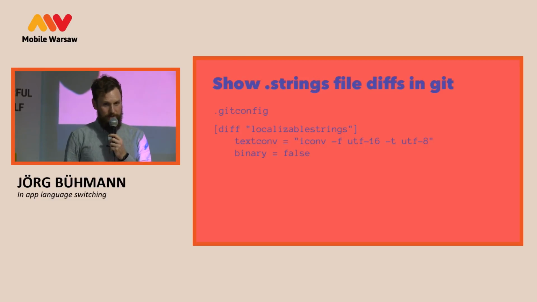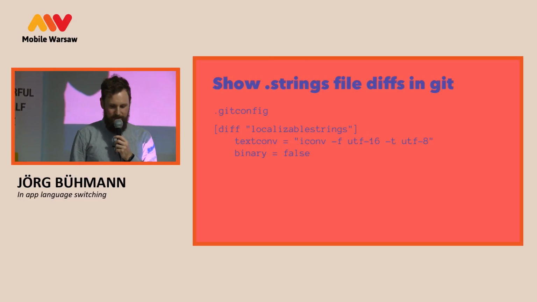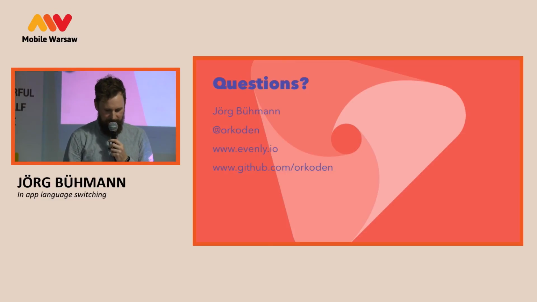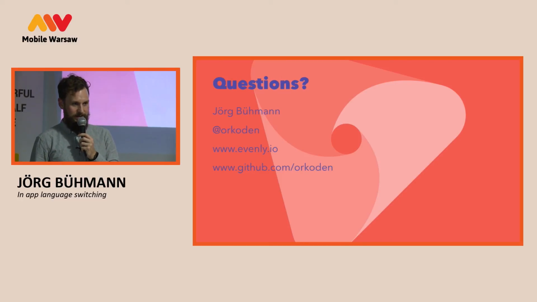You could also use that to diff your PNG files, for example, if you want to output the pixels to some kind of UTF-8 format. I'll just leave this here. You can copy and paste this from my GitHub account, where you can find the talk and the code, and you can get lost in playing with the localization. Thank you.